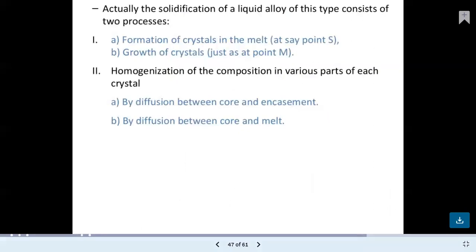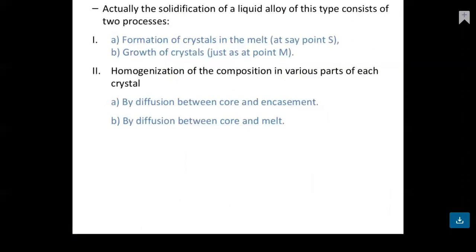The solidification of a liquid alloy of this type consists of two processes. First is formation of crystals in the melt at say point S and growth of crystals up to the point M. Second is homogenization of the composition in various parts of each crystal by diffusion between core and encasement and by diffusion between core and melt. So these are the processes.